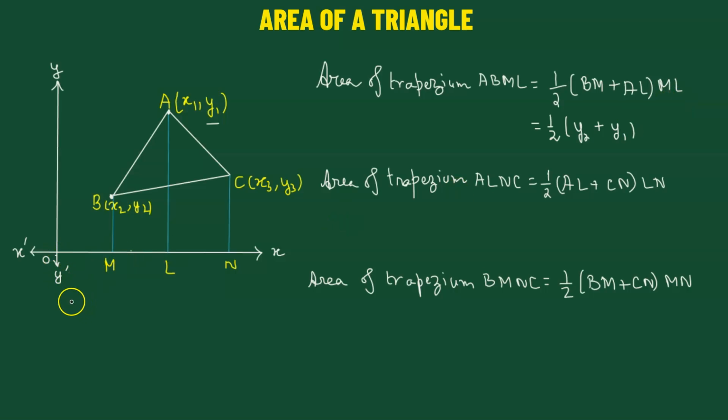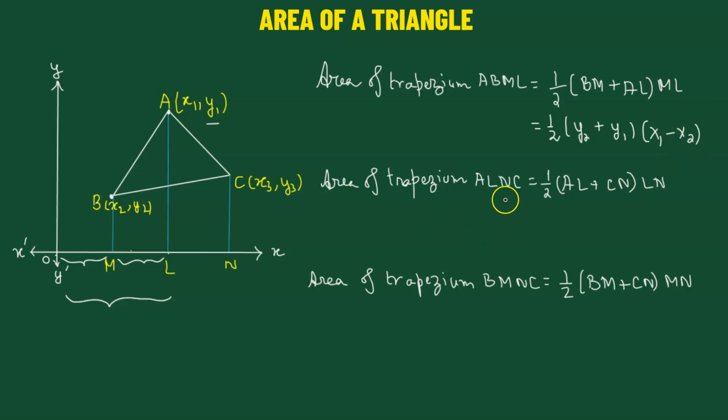From the origin, if we go till the point L, that's the distance of point L from the origin, which is simply x1. But what we need here is ML, only this particular length, so we subtract OM from it. OM is clearly the distance of point M from the origin, which is the x coordinate x2. So we have x1 minus x2.